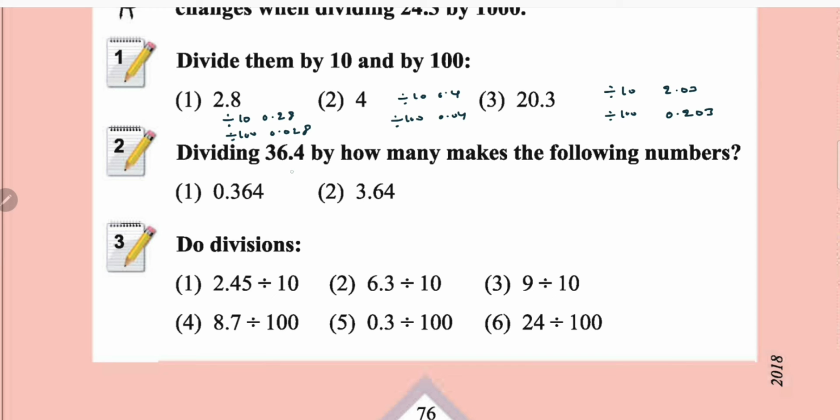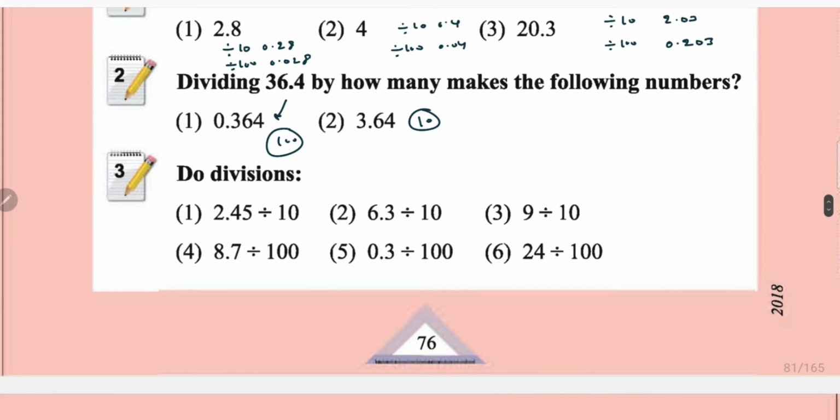This is 36.4 by 100, and this is 10. Do divisions. 2.45 by 10 is 0.245, 0.63, 0.9, 0.087, 0.003, 0.24.